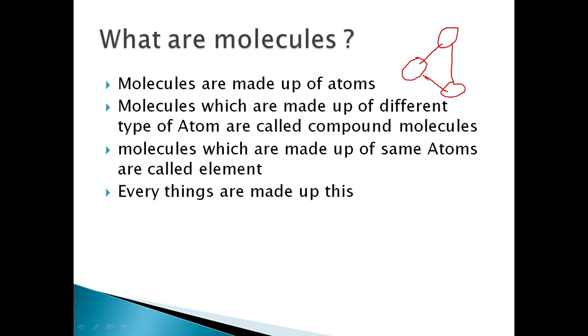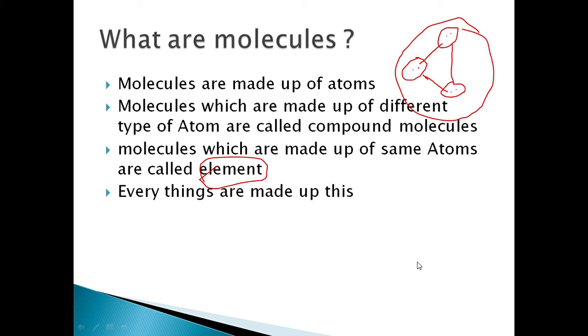The first atom contains 2 protons, the second one also contains 2, and the third one also contains 2. So these types of molecules are called the molecules of elements.